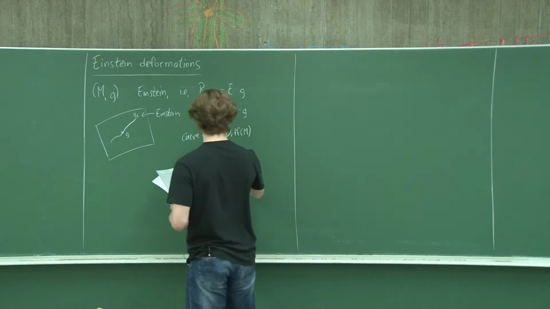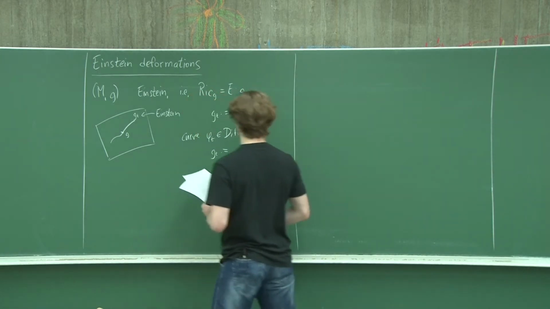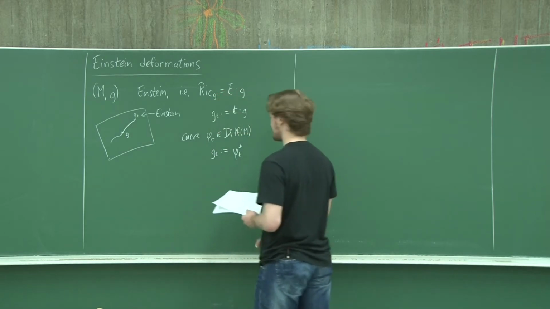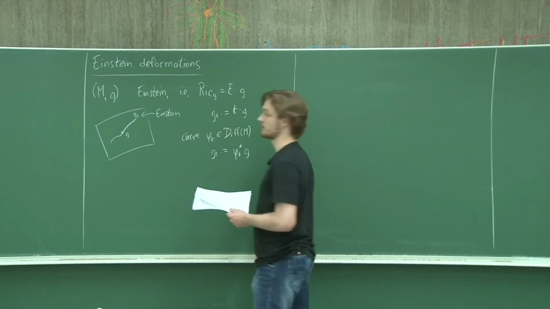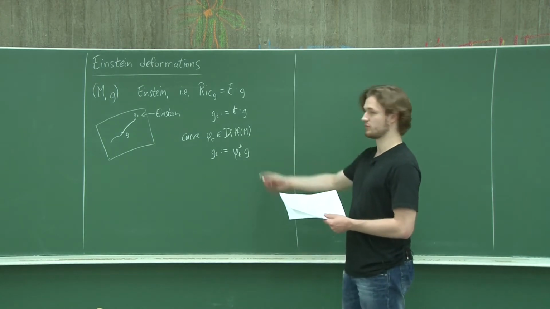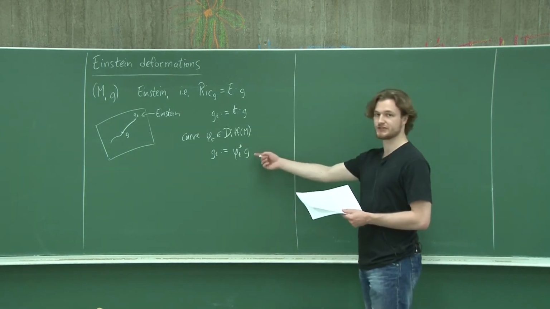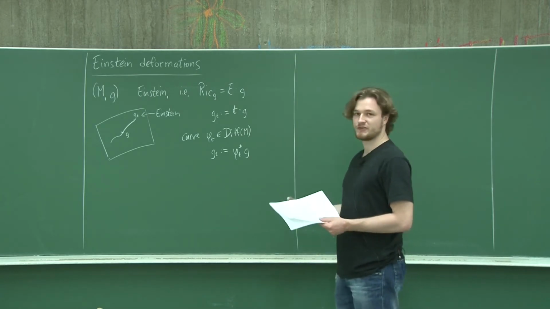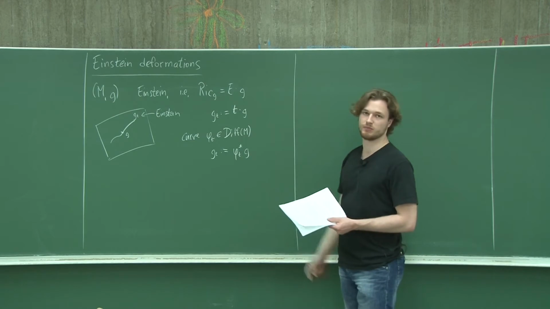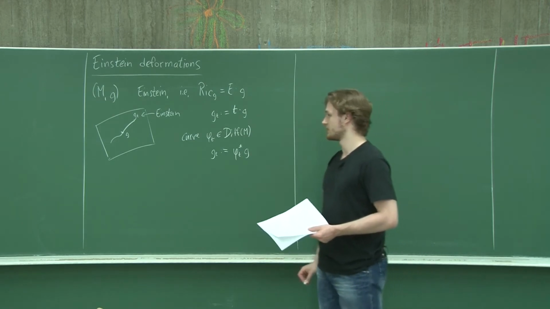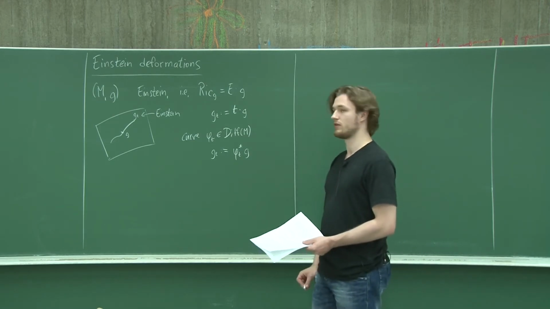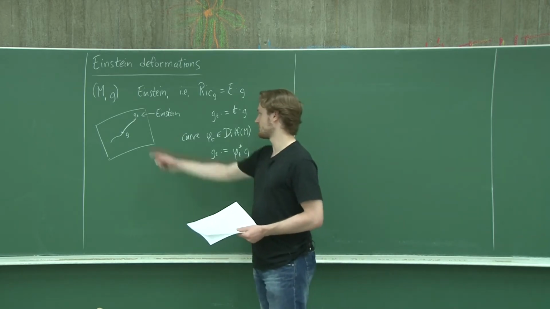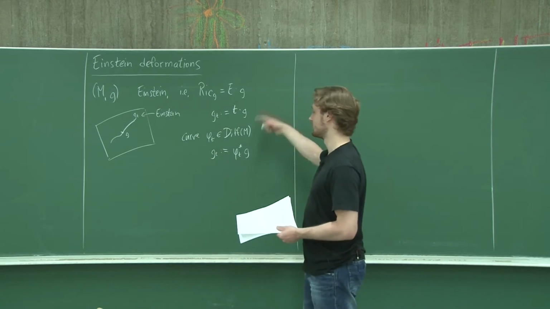Then we can consider the family of metrics where we apply the pullback of phi_t to our original metric g. That's also a possibility. So basically we change g by diffeomorphism action. And what we want to do is we want to mod these two operations out, in a sense. And what remains is something that we call essential Einstein deformations. So a curve that is, in a sense, transversal to both of these actions.